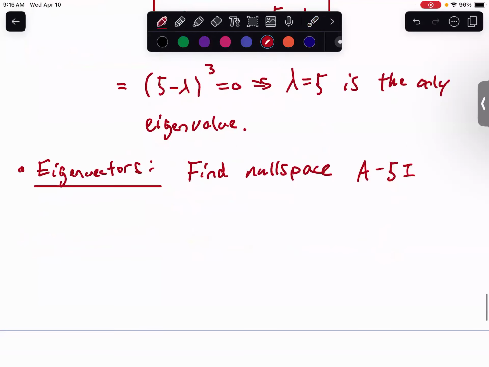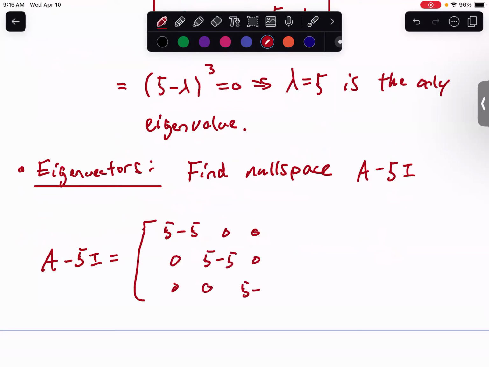But then you note that A minus 5 times the identity is just equal to 5 minus 5, 0, 0, 0, 5 minus 5, 0, 0, 0, 5 minus 5, which is just the 0 matrix, right?